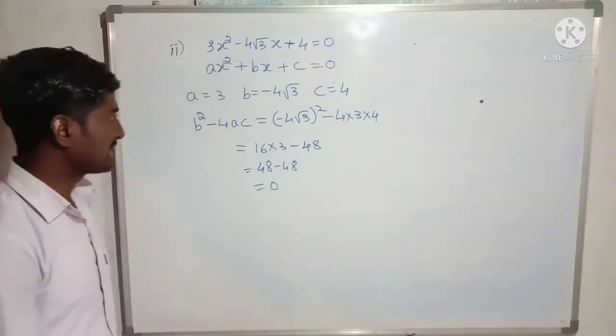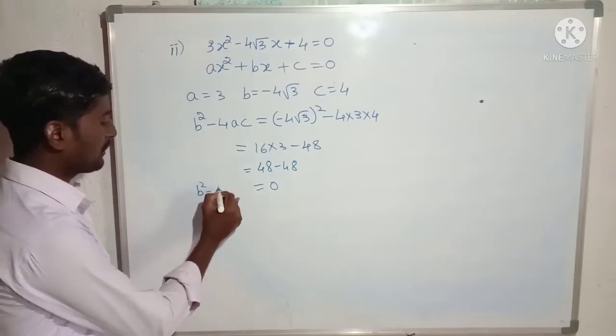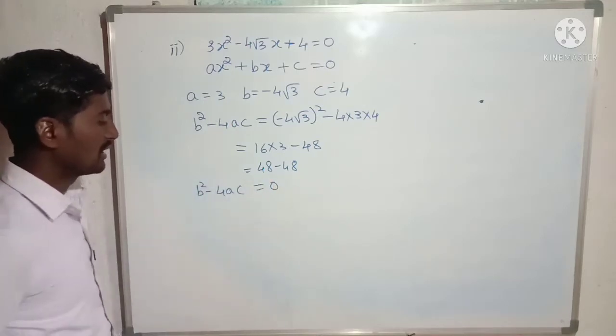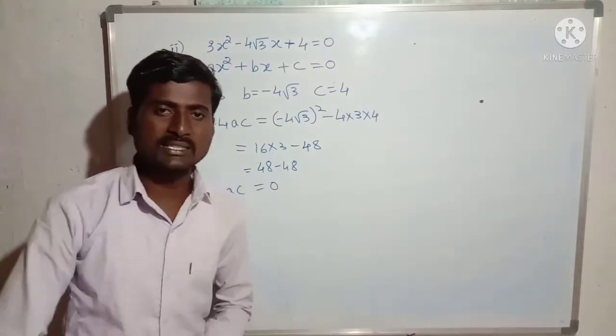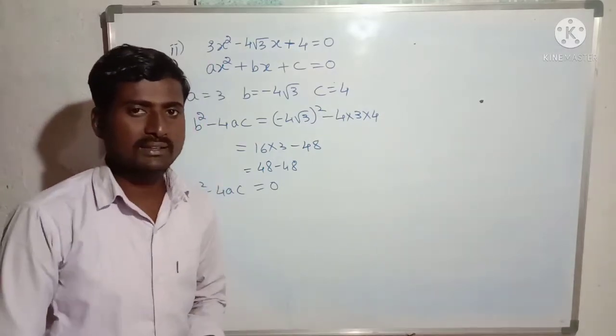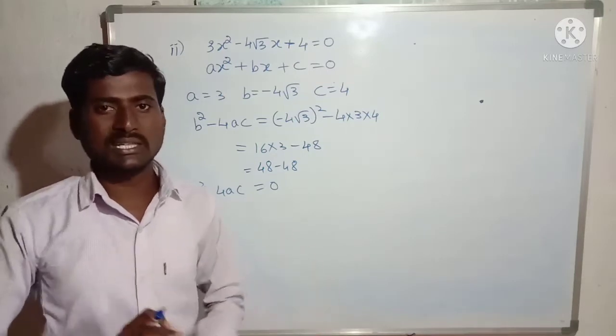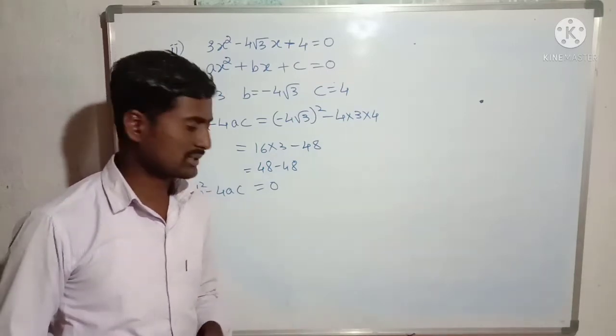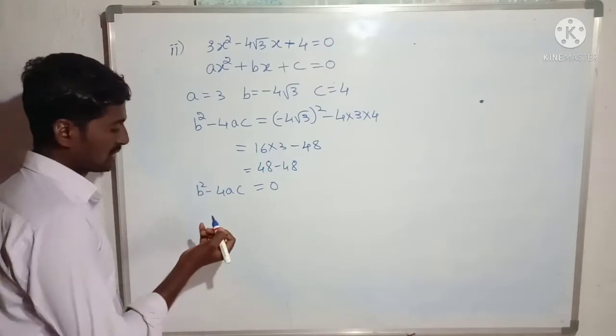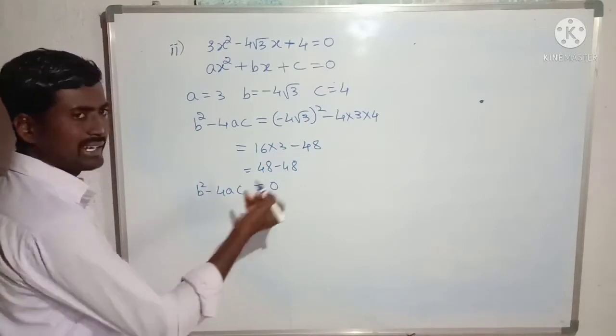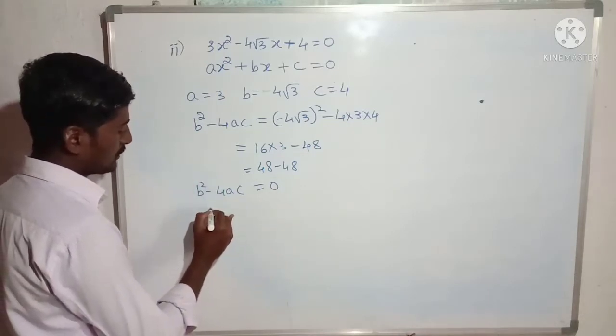Now we are getting the discriminant b square minus 4ac as 0. If b square minus 4ac is equal to 0, then what can we say? We can say that two equal real roots are there. So the roots are equal and real.